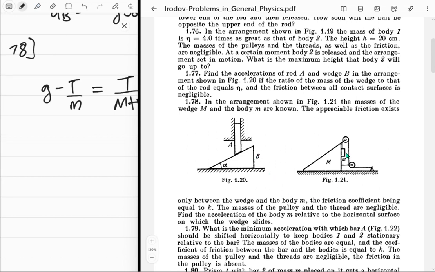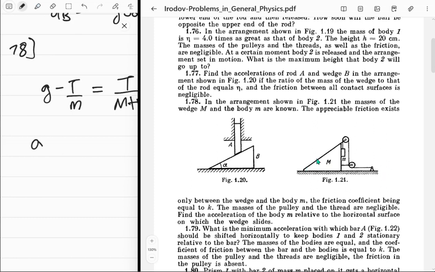Oh, there's also friction. Uh-oh. Fine, the horizontal thing still works out, no problem with that, but the vertical thing is not g anymore, and not minus T upon M. There's also the friction. Oh god. So let's say that the friction is acting downwards.